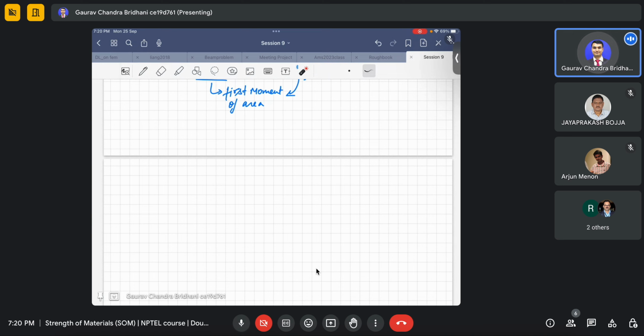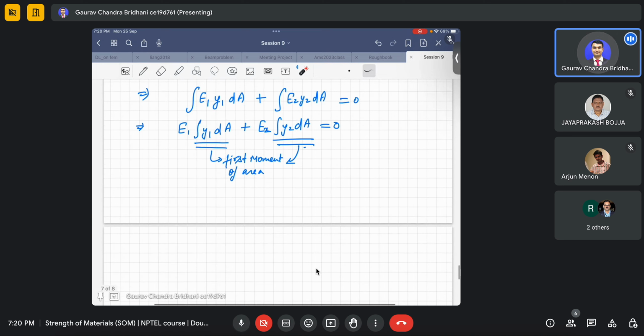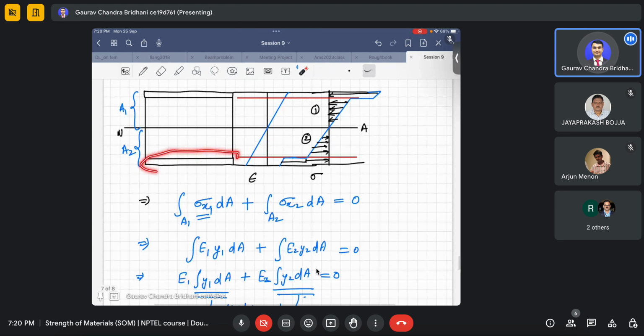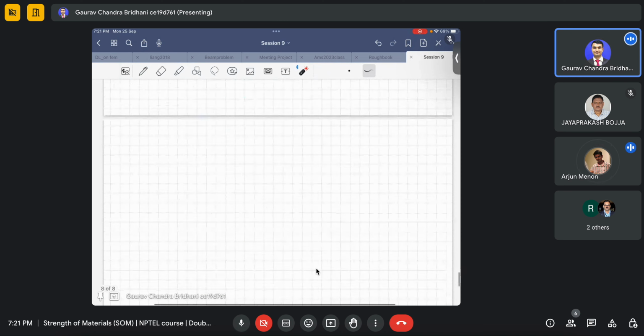It is a very beautiful example where only the strengthening is given in the below part, because you know that reinforcements are given only in the tension region.